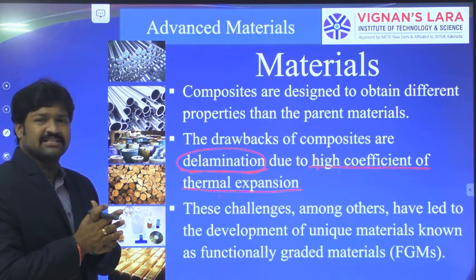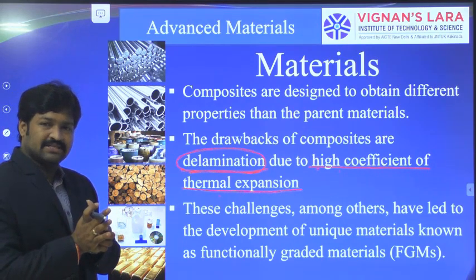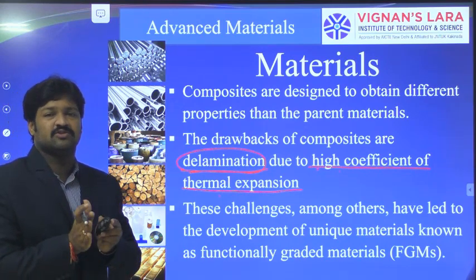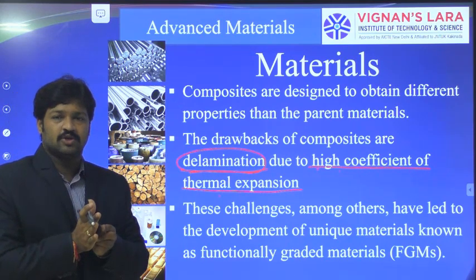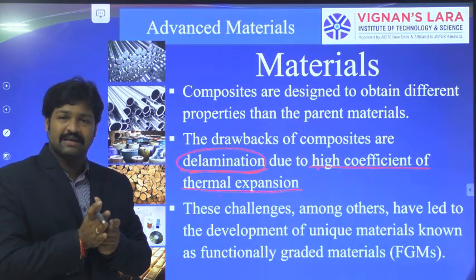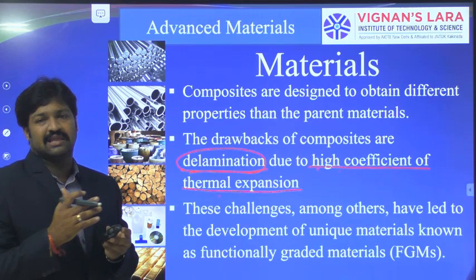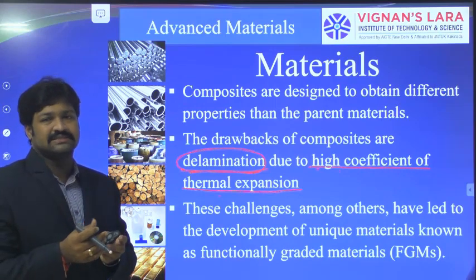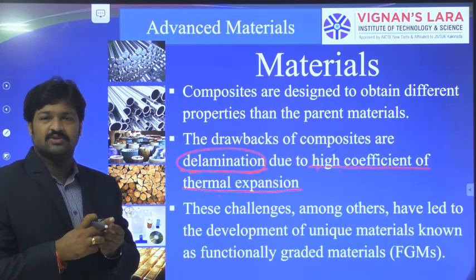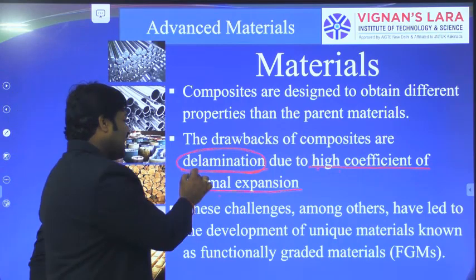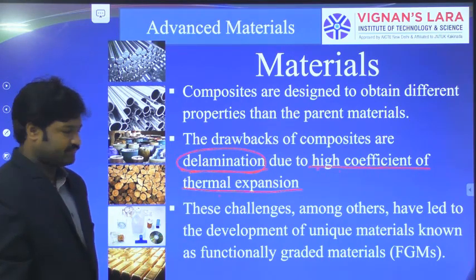Whereas in alloys, the components are microscopically mixed together, in composites those two are different materials that are joined together. So due to rising temperature, one material tends to expand more than the other, so the bonding between these two will be damaged, and delamination will take place.